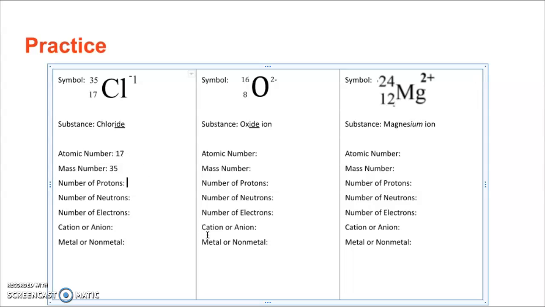So if my atomic number is 17, I must have 17 protons in my atom. My number of neutrons, we find it the same way. I know that my protons plus my neutrons give me my mass number. So if I have 35 as my mass number, 17 of that is protons. I take 35 minus 17. I'm going to have 18.